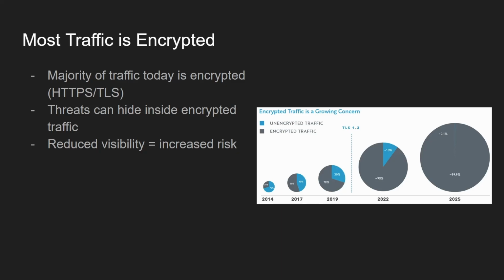So without decryption, the firewall has no visibility into what's actually happening. We have a gap here, right? We want to be able to deeply inspect our traffic, but the traffic is encrypted. So to get around this, we will do SSL deep inspection.